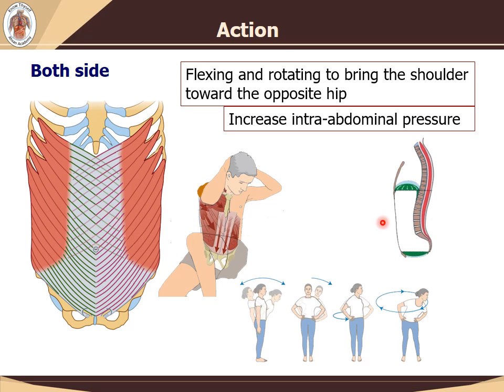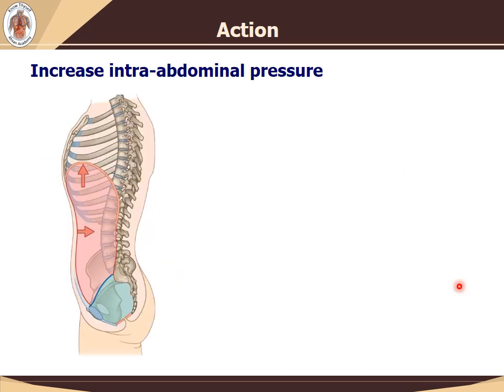When they contract together, it causes an increase in the intra-abdominal pressure. You can see the upper part of the abdomen is sealed by the diaphragm, and below, the pelvic diaphragm closes the outlet of the pelvis. So it is a closed cavity. When the abdominal muscles contract, the wall is depressed, so increased intra-abdominal pressure is the result.